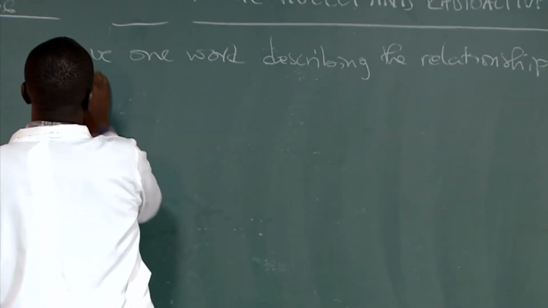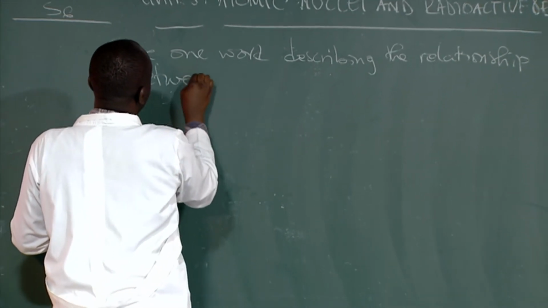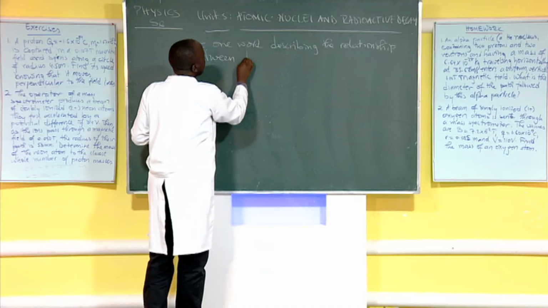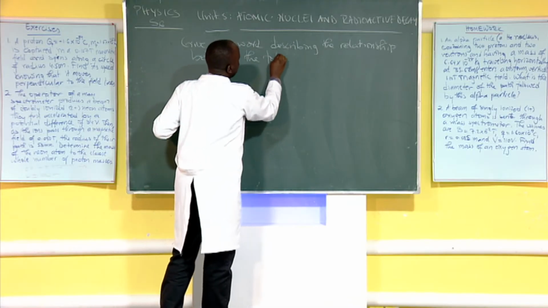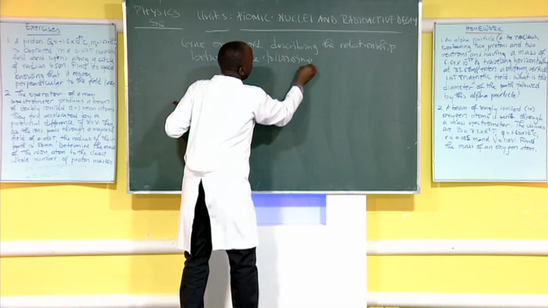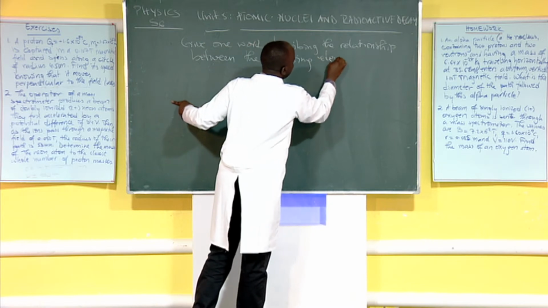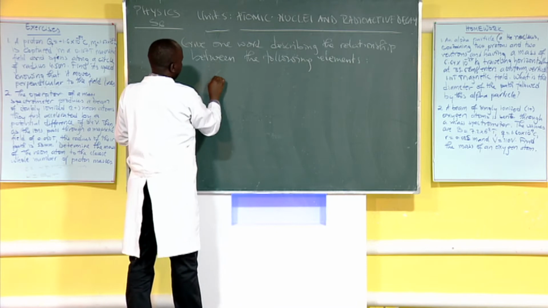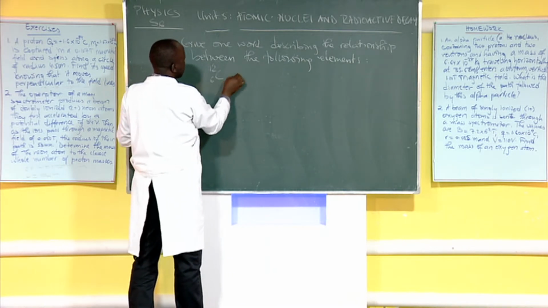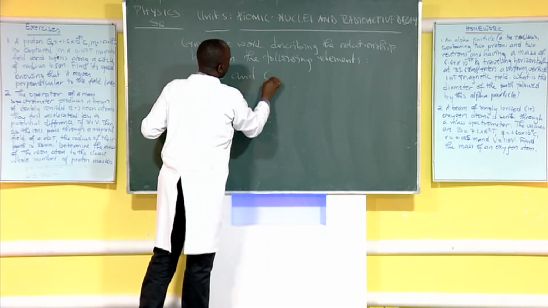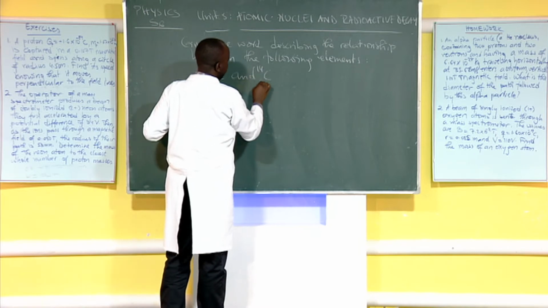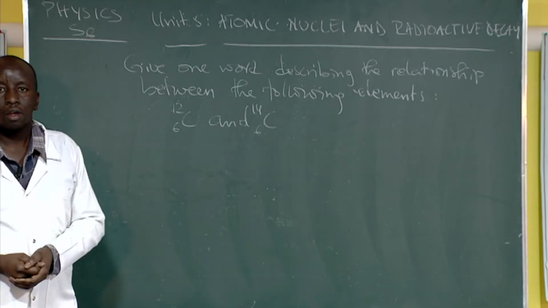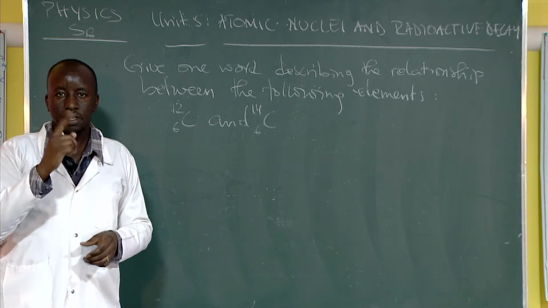So, number one, we have carbon 12, that is 6, and carbon 14. So, what is the relationship? One word only.